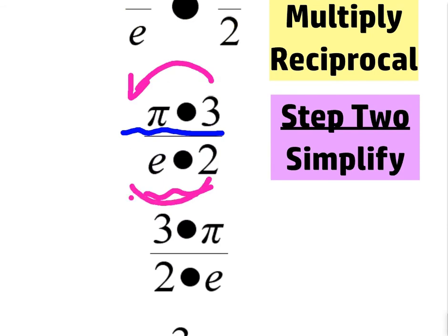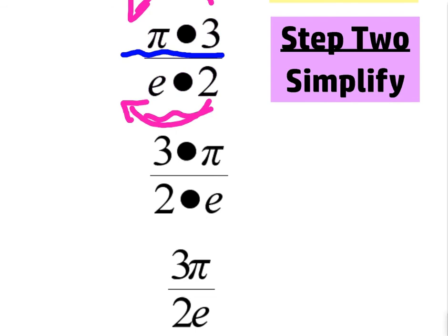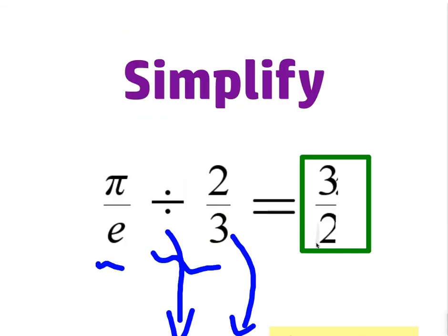And yes, pi and e are both constants, but remember that normal constants, as we call them, come before the constants that look like letters or variables, even though they're actually constants. So we're going to pull the 3 and the 2 up front. And then we can get rid of the multiplication sign. Final answer. See if I can circle that a little bit bigger. 3 pi over 2e, which is what's going to go inside the box.